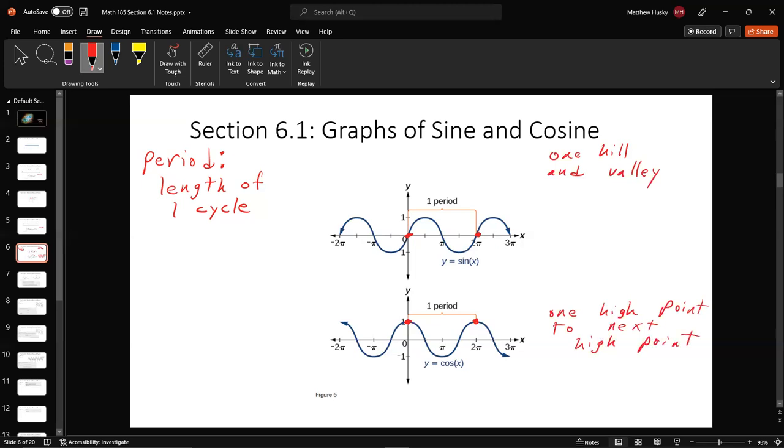Those are two alternate ways to think about it. And for standard, ordinary sine and cosine functions, the basic period, the standard period, is 2 pi.